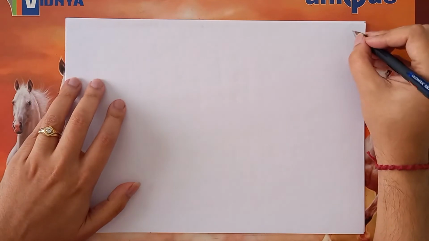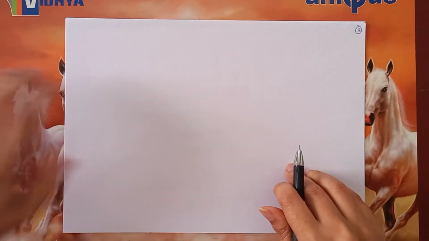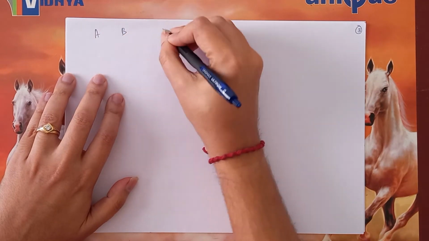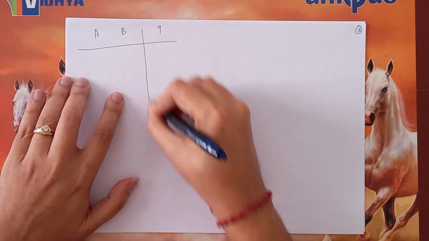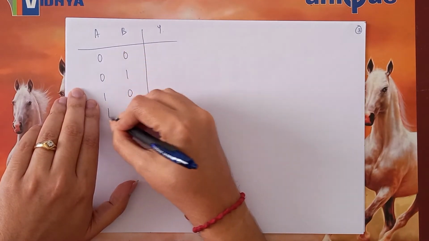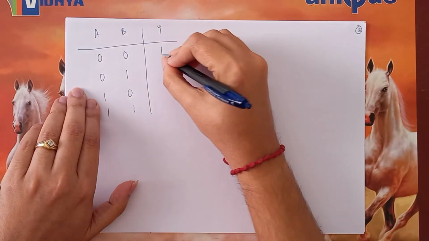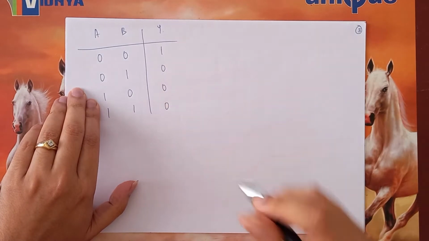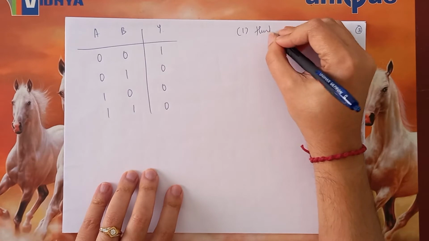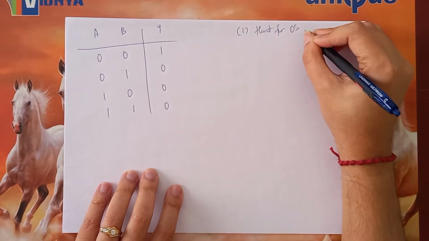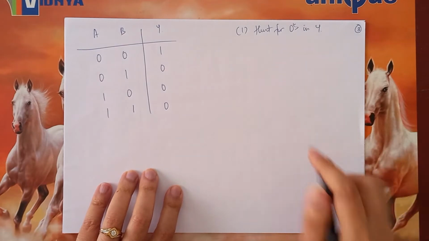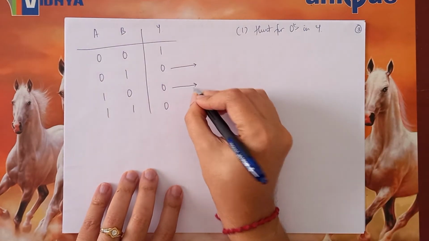Let us say I have a system or a truth table where I have A, B and Y. Suppose I now have Y looking like this. So again over here, step 1 is hunt for zeros in Y. So how many zeros are there? These 3.